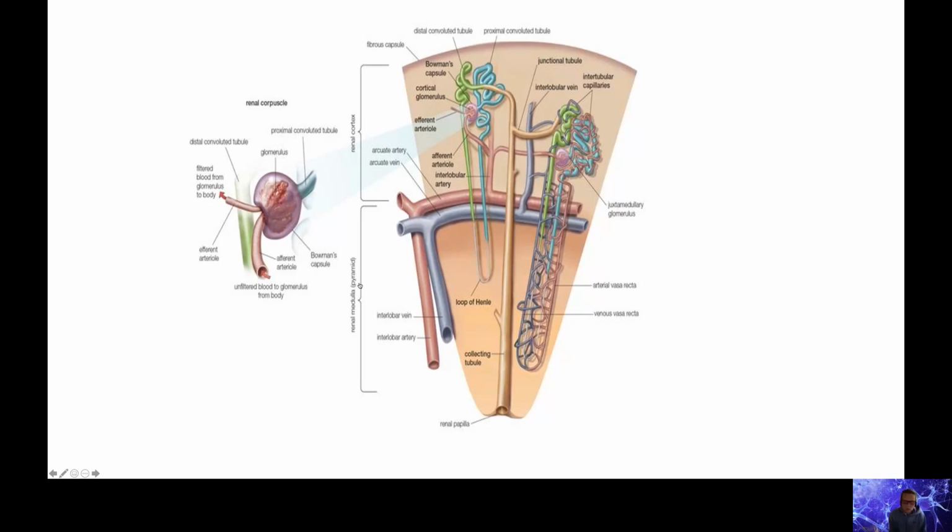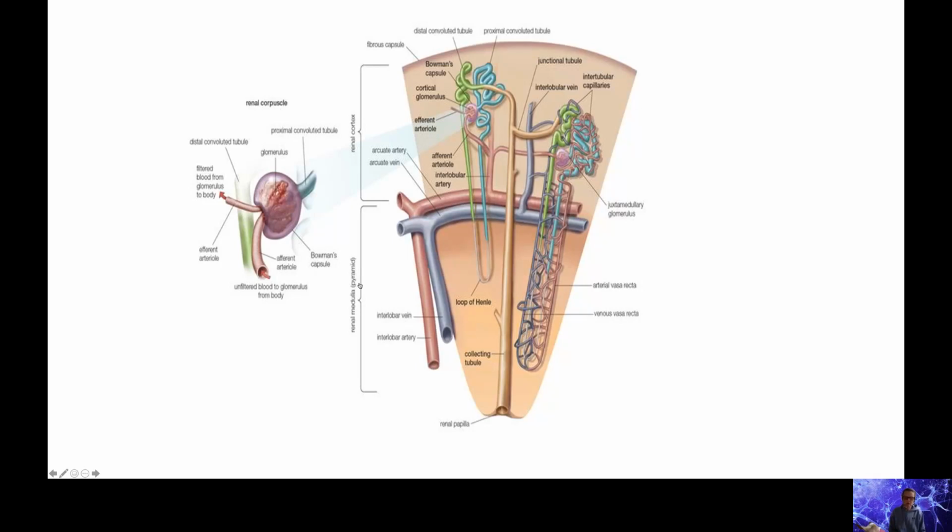You'll remember the rest of the anatomy of the nephron. Just past the Bowman's capsule, you have the proximal convoluted tubule, which leads to the loop of Henle, which leads to the distal convoluted tubule, which leads to a collecting duct. The nephrons shown on the left are the cortical nephrons.